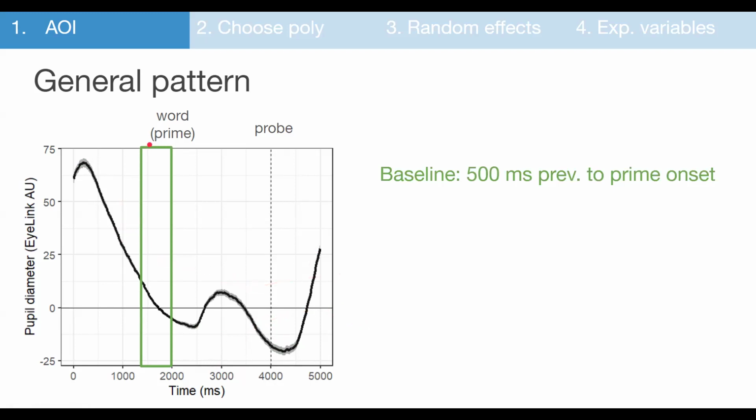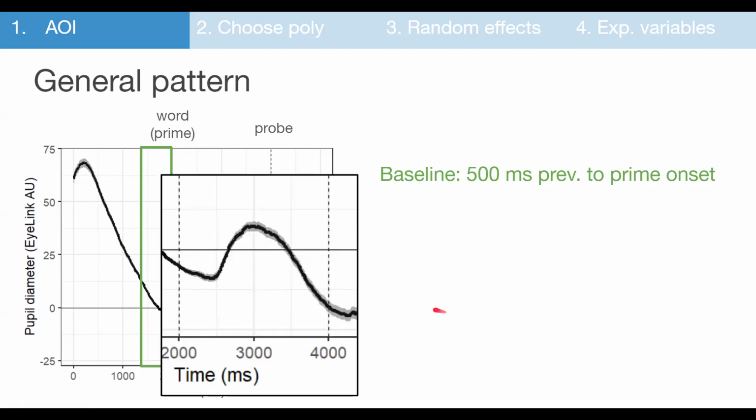So as I told you, we have the baseline here, that specifically is the 500 milliseconds previous to the presentation of the word. And then if we zoom in, this is the response that we are interested in. And we'll see that we have a small delay in the response. So a good area of interest would start at this point where the response starts, that is approximately 500 milliseconds after prime onset.